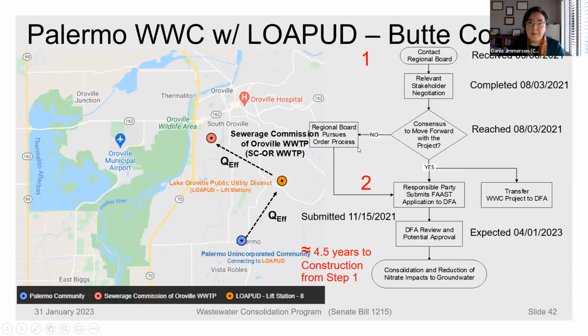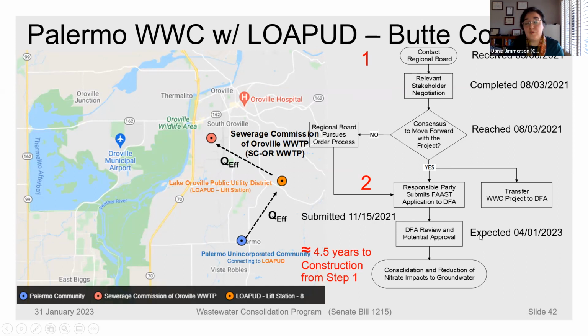So, and this is a little bit of a reality check, these projects take a long time. And that's what I was trying to emphasize earlier. The advantage of having a technical assistance provider is tremendous because the application for this project was submitted by the sewer service provider in November of 2021.